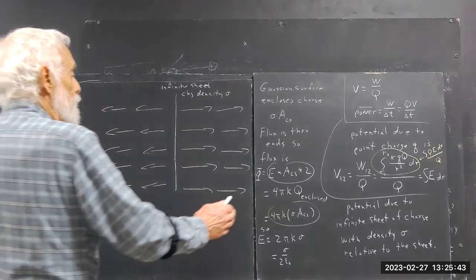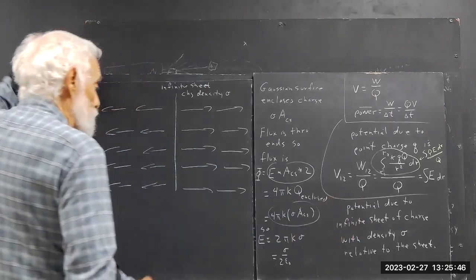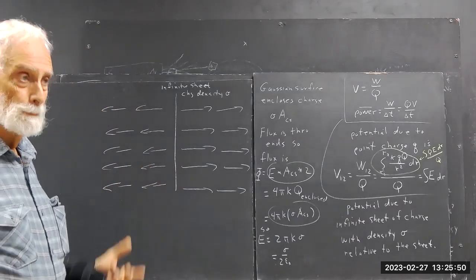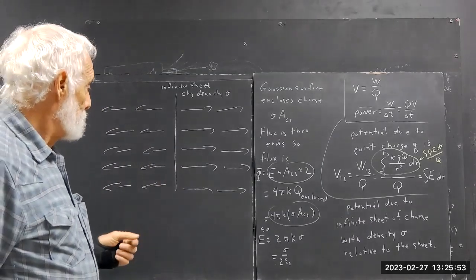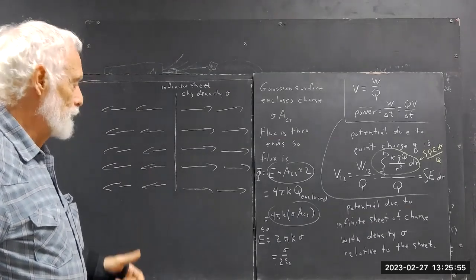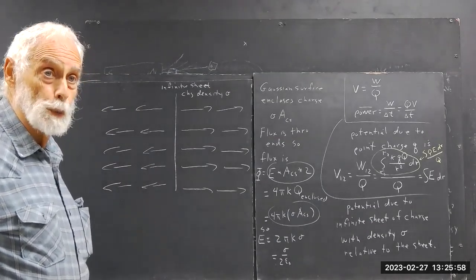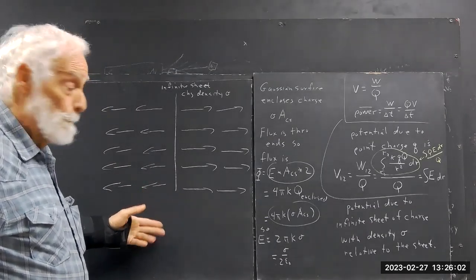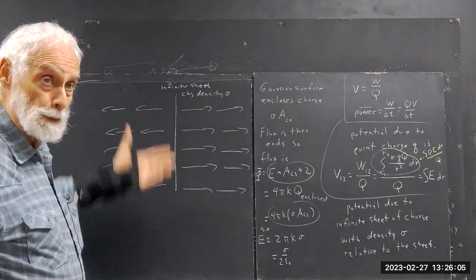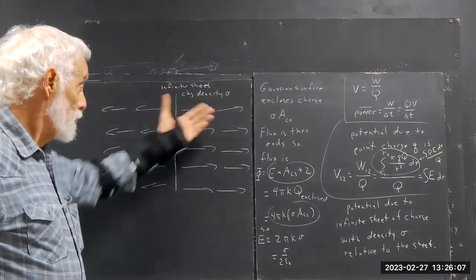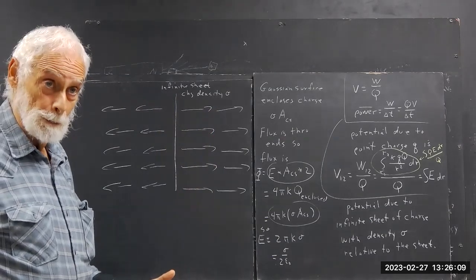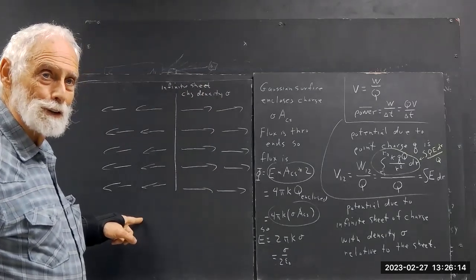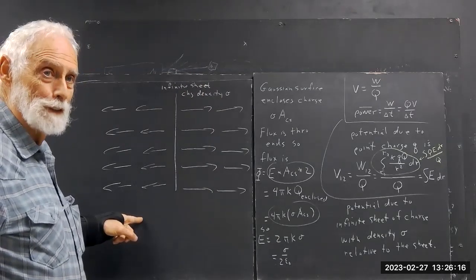Because contributions of the rest of the charge to the rest of the vicinity would turn out to be negligible. That's again because by symmetry the field is straight away. As long as the field is straight away from the sheet, even a finite sheet, this model holds. Now, if I go out to the end of the room, this is no longer going to simulate an infinite sheet.